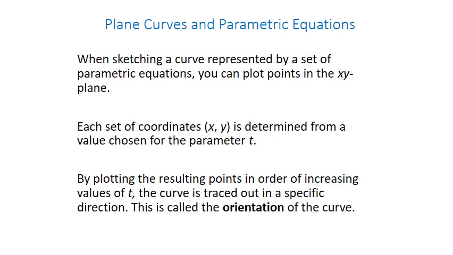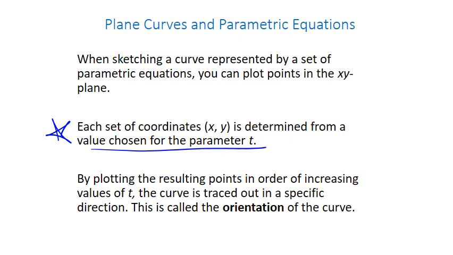When you are sketching a curve, you basically plot the points on the xy plane. And the coordinates are determined by whichever value you choose for the parameter t. We'll also want to identify the orientation of the curve, which basically indicates the direction of the curve.